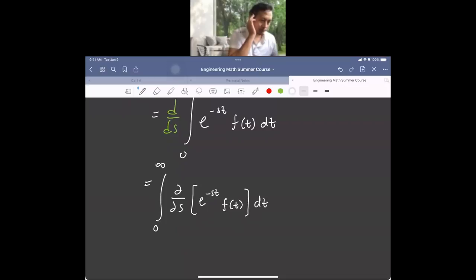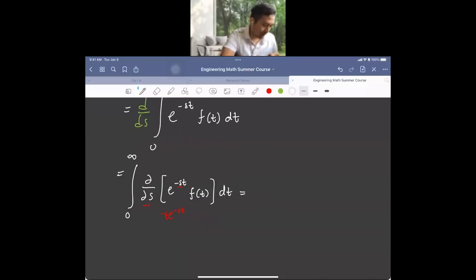Okay. Now we differentiate with respect to s. So we will have this will be negative e to the negative st, and t, sorry.